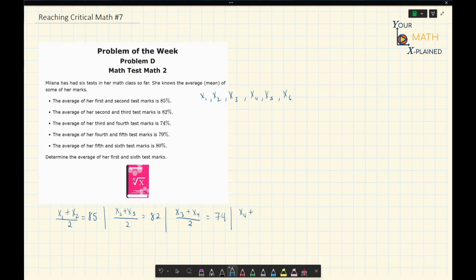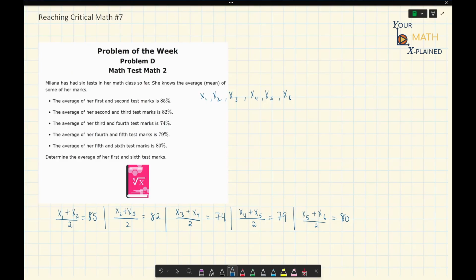This dividing by 2 is how we calculate the average or midpoint of two different values. So we've got a total of 5 relationships right now.